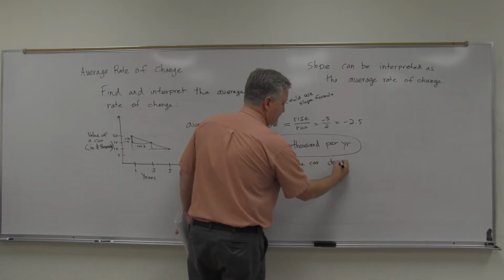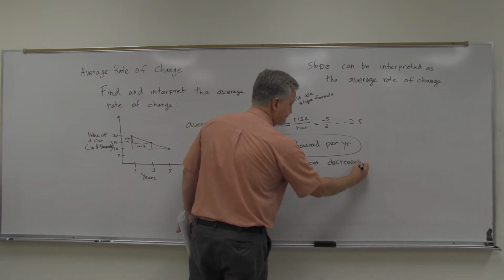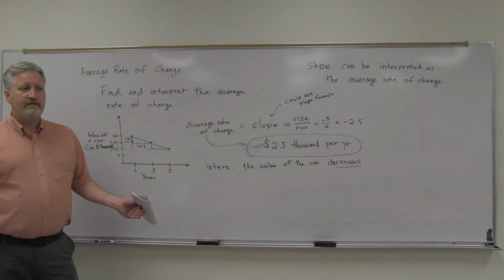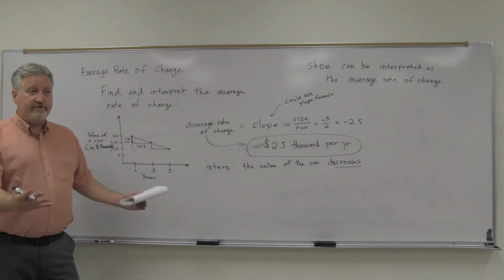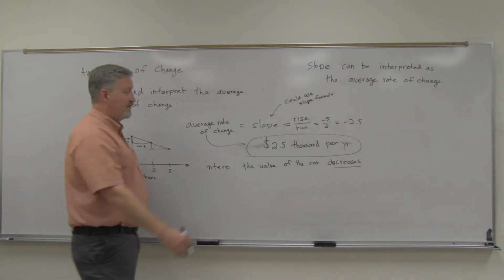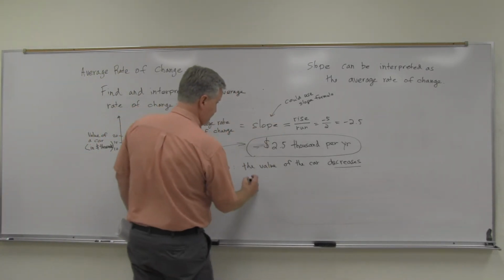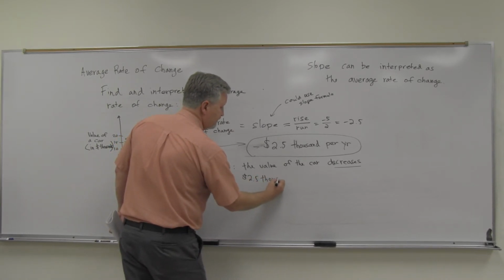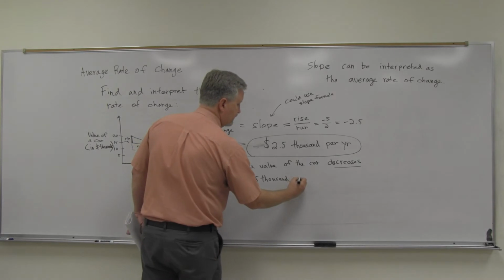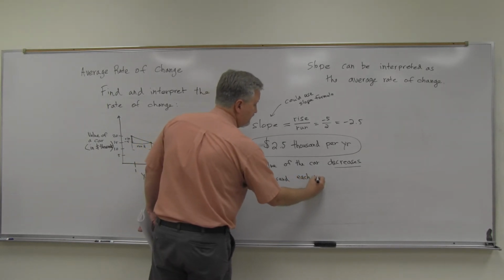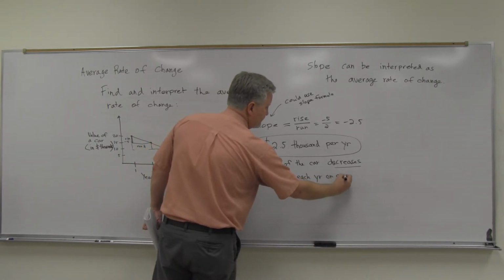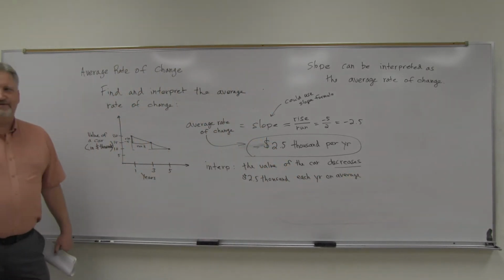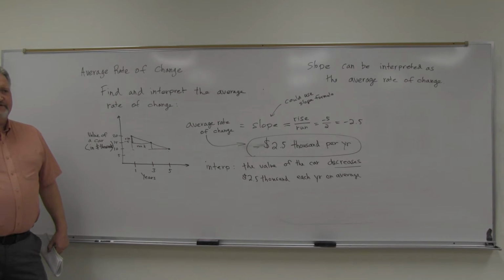Some of the homework problems in the book will say decreases or increases. So the value of the car decreases, goes down $2.5 thousand each year, on average.